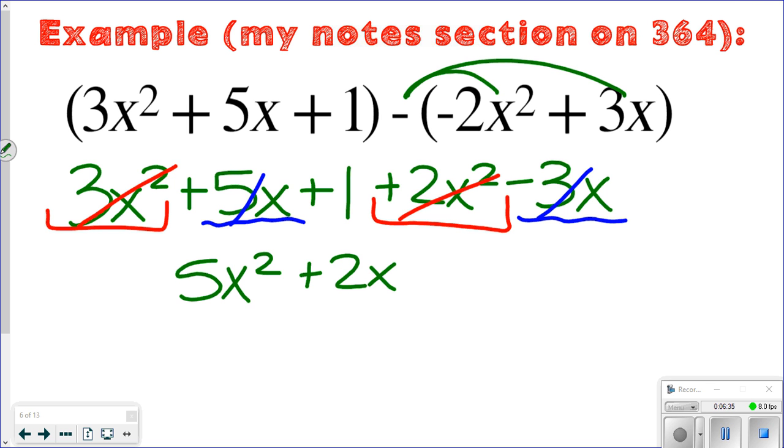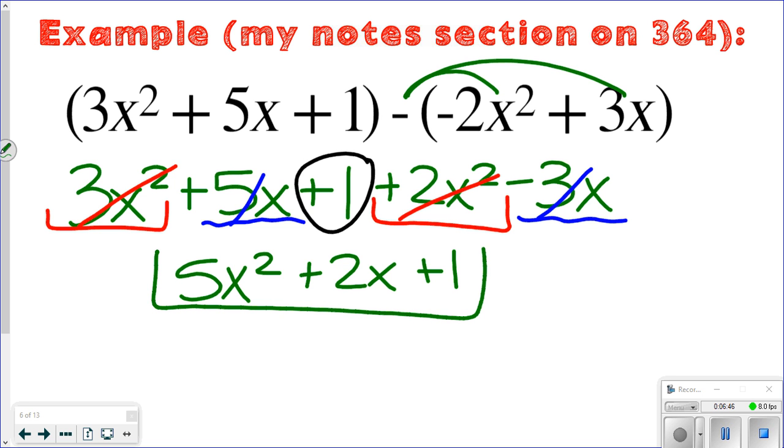And then lastly, I have just one constant term, nothing to combine it with, so plus 1. And then this is currently in standard form. My highest exponent is 2 and then 1, and my constant term comes at the end. So this is in standard form.